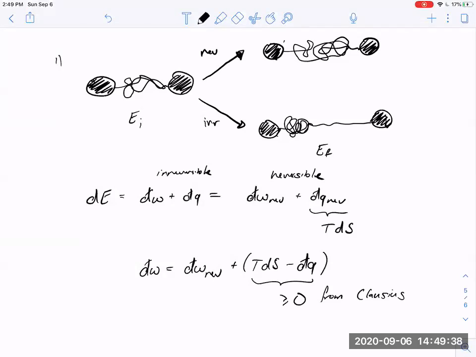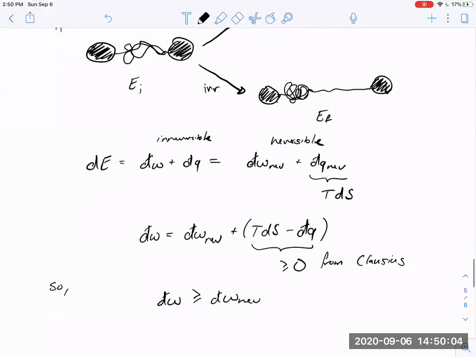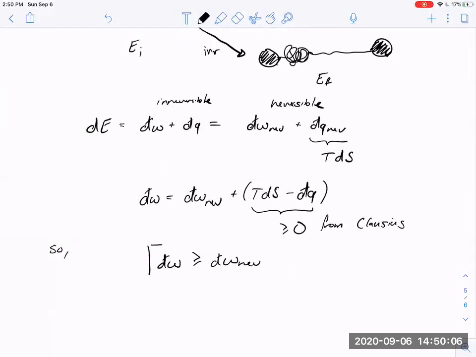If that is necessarily greater than or equal to 0, it must then be the case that the work done irreversibly is necessarily greater than or equal to the work done reversibly. Let's box it up, that's a nice result.